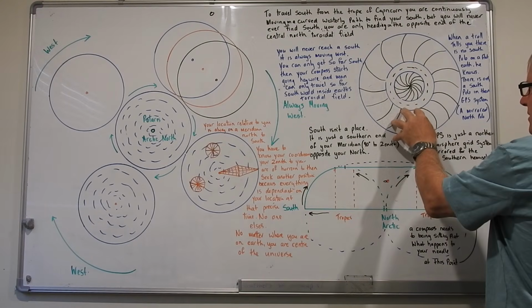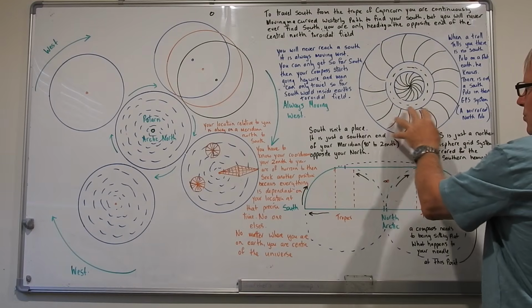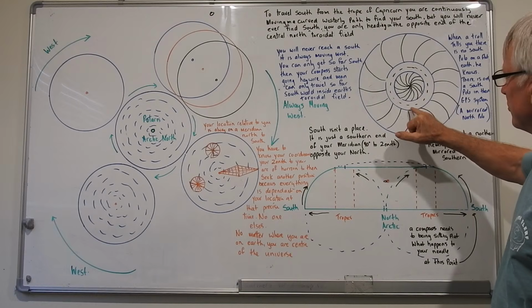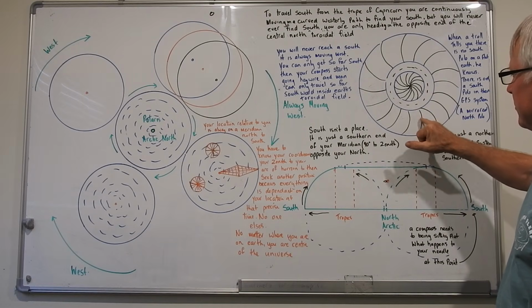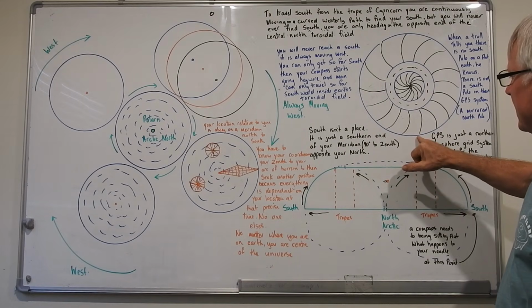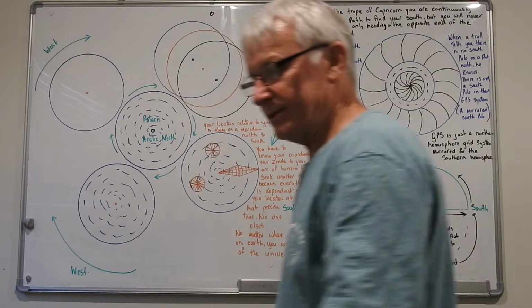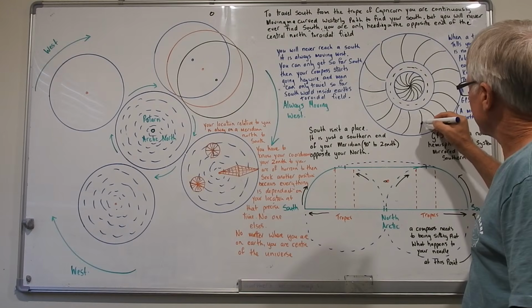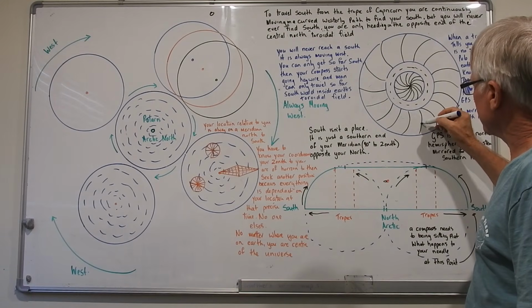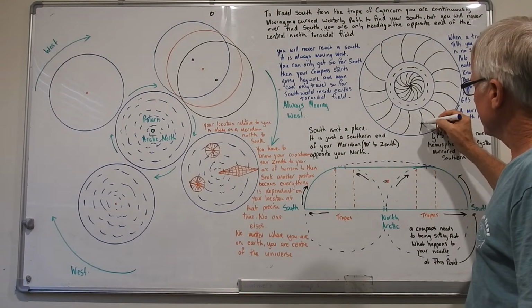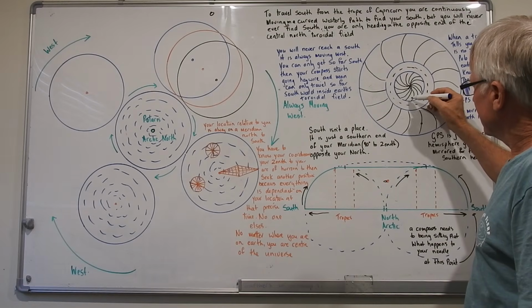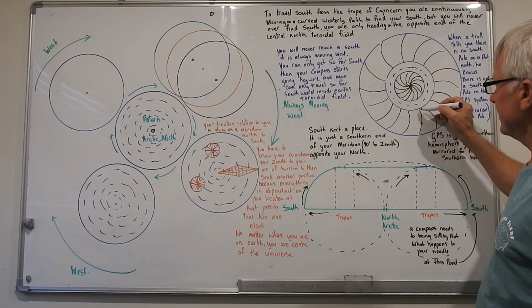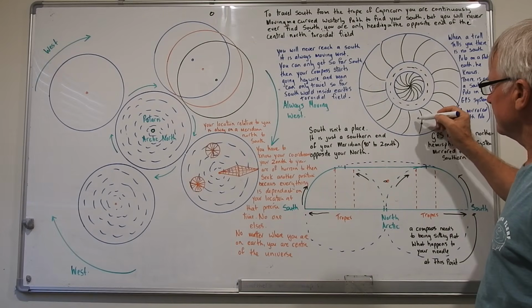But once you get out to the southern field, where it's a lot more dispersed, if you travel from somewhere in the tropics here and you head south, and you found, say, an island here, you've come from there, you found this island, you keep going south. Well, if he does it on another day at another time, this field might have moved.